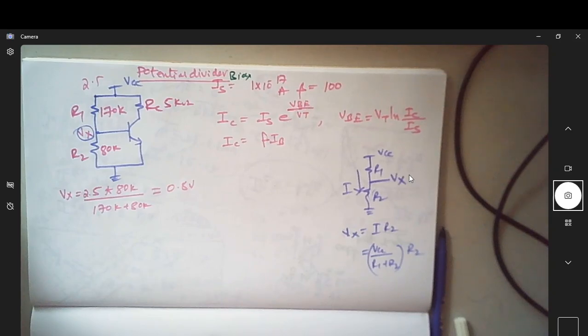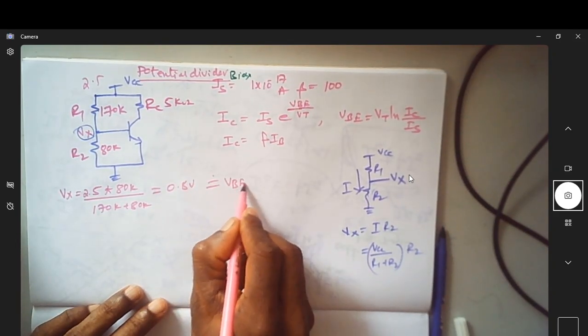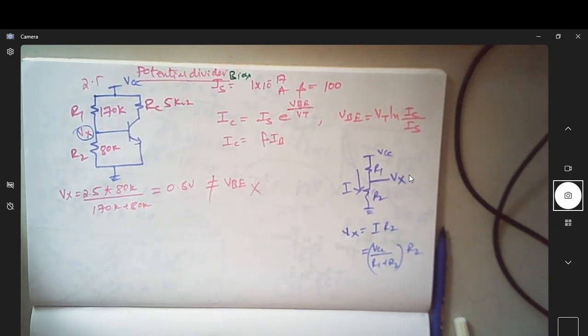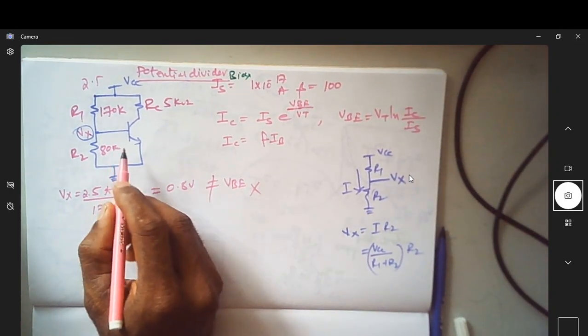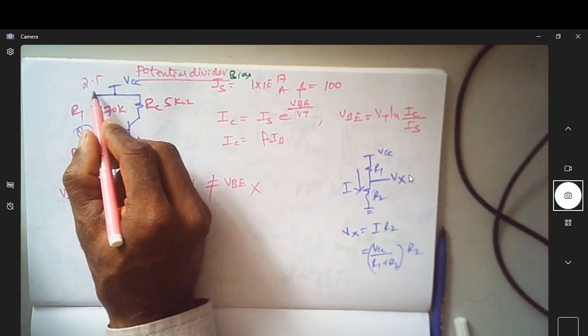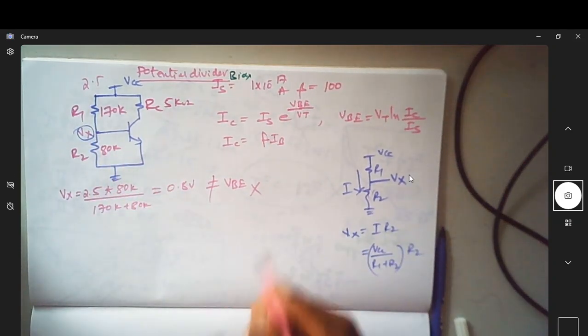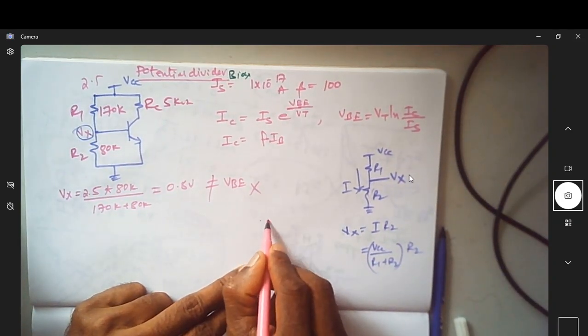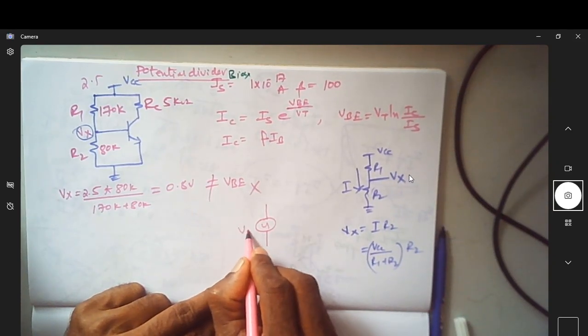Now we cannot take this as VB, so you cannot continue with this as VB. So what is VB now? Now we have to use the concept of Thevenin voltage and Thevenin resistance. Even though you are getting 0.8 volt, we know that every voltage source or current source has some voltage amplitude.